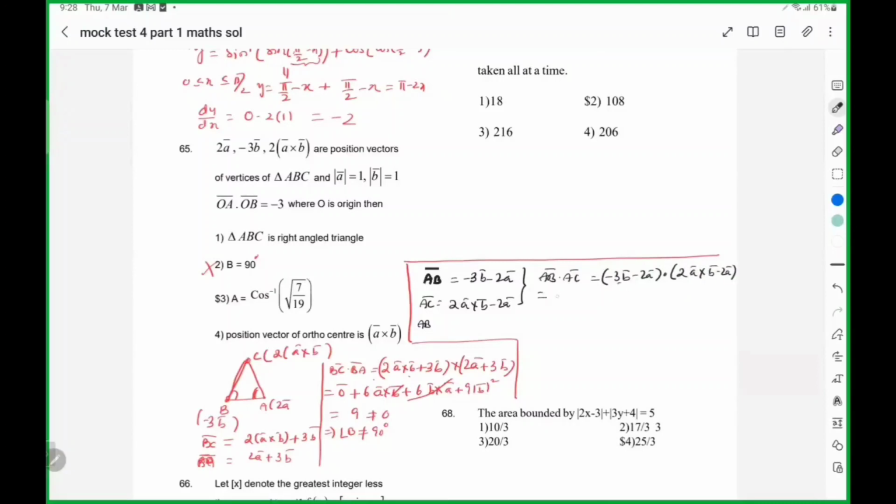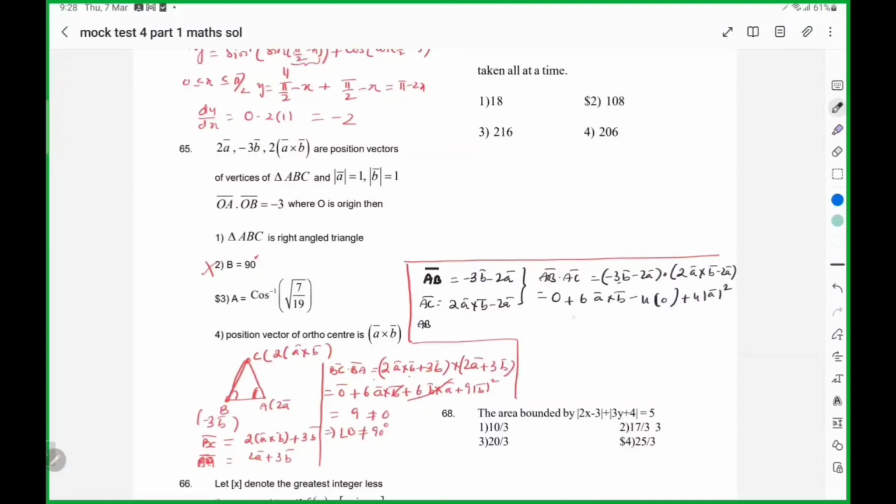B dot A cross B is 0, plus 6 times A cross B, minus 4 times A dot A cross B, which is 0, plus 4 times mod A square.